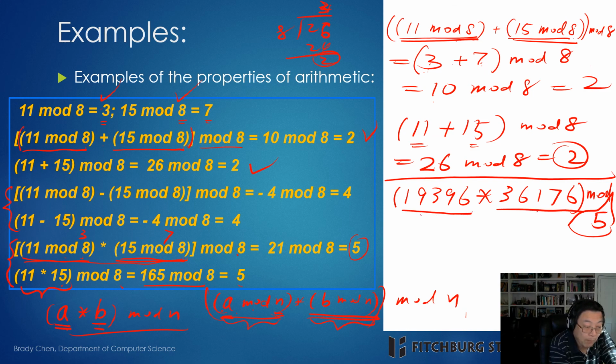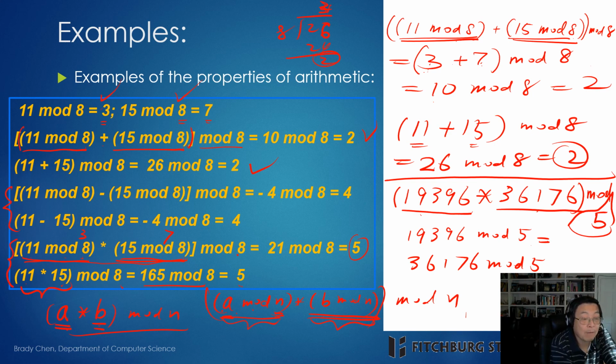Now, what if I do 19,396 mod 5 first, and then 36,176 mod 5? So we can do the division. We get the remainder when we divide 19,396 by 5.